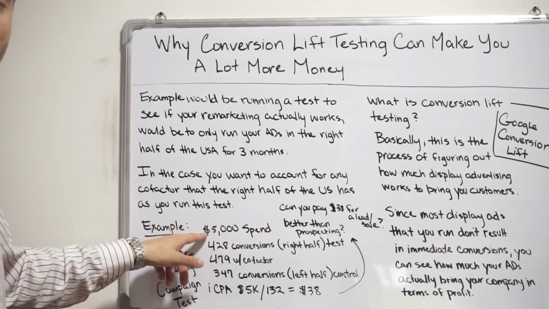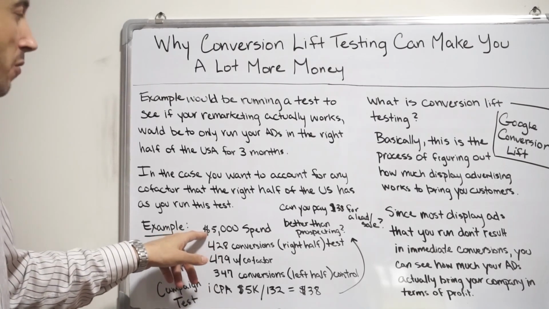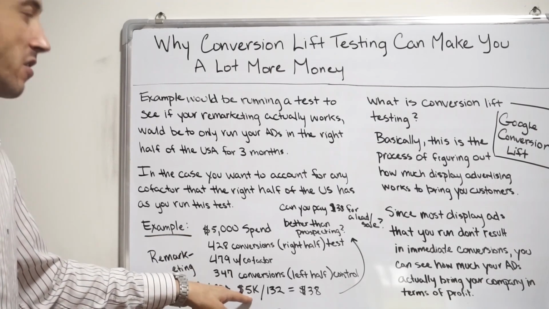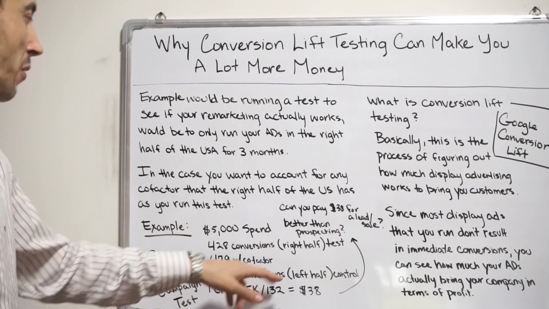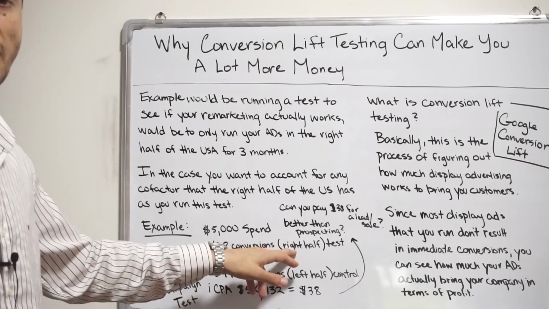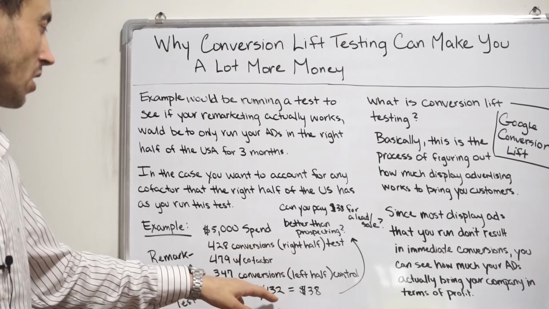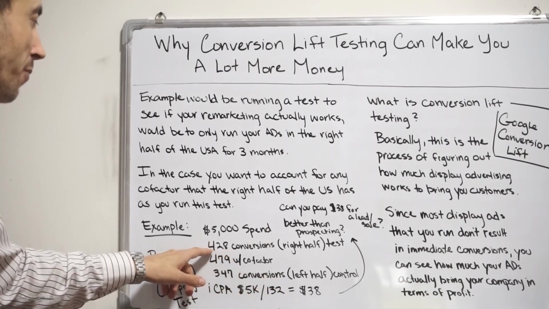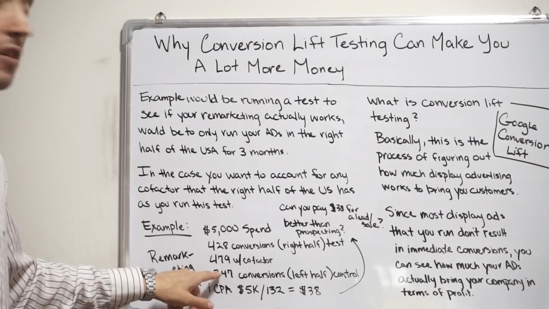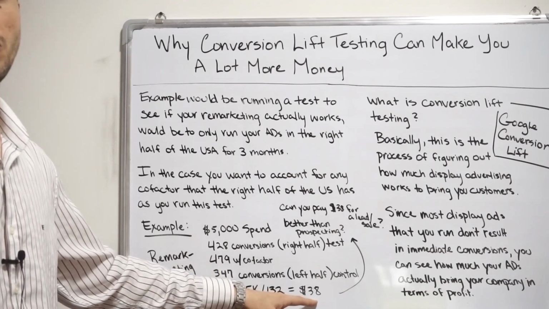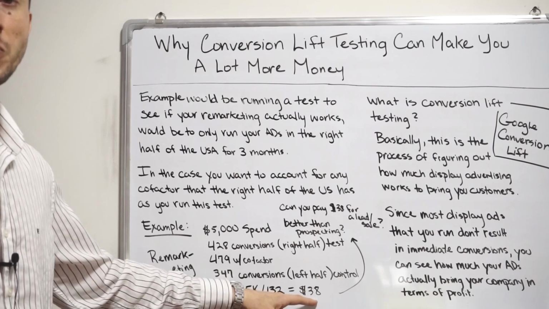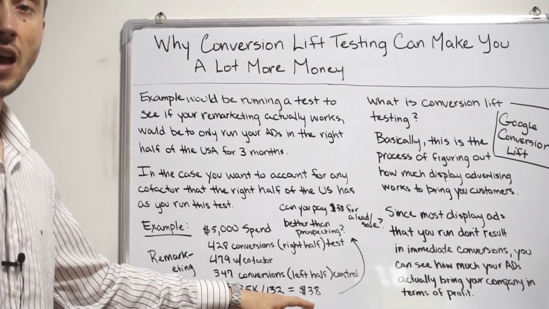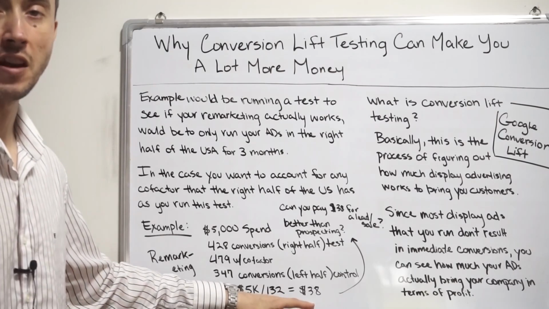And then going back to our previous spend of $5,000 of advertising spend, if we divide our $5,000 with the advertising spend that we spent exclusively on the right half of the country, and divide that by the difference in sales that we got from the right half of the country versus the left half of the country, we now know how much our cost per sale was having that remarketing advertising running.